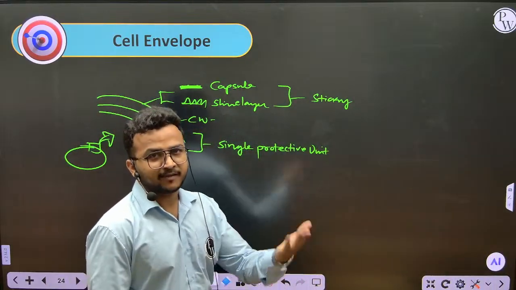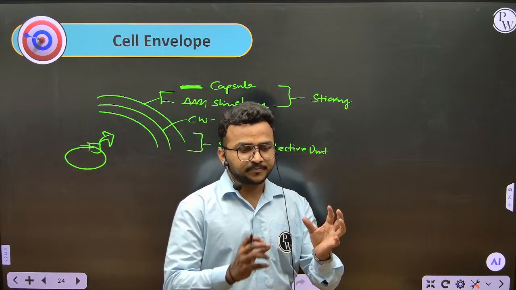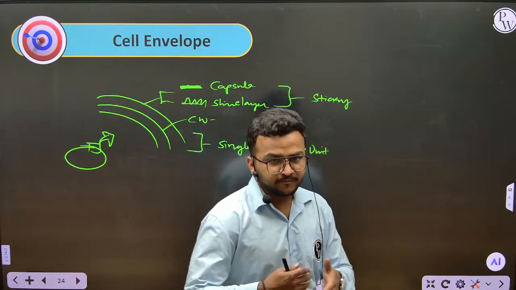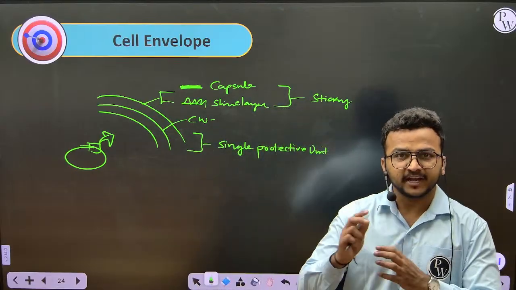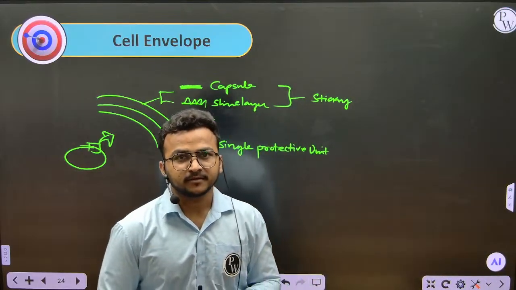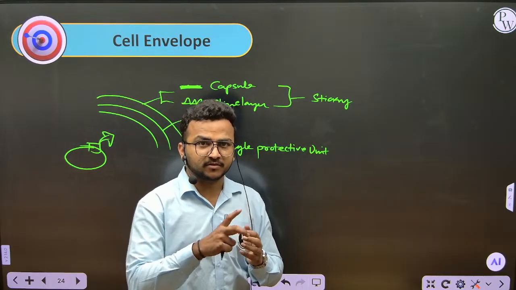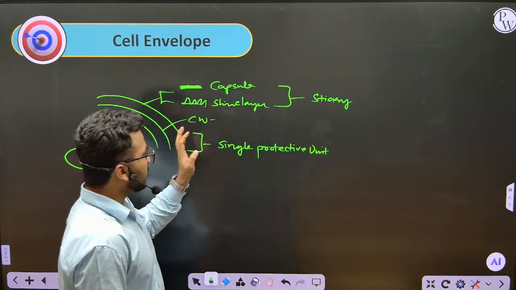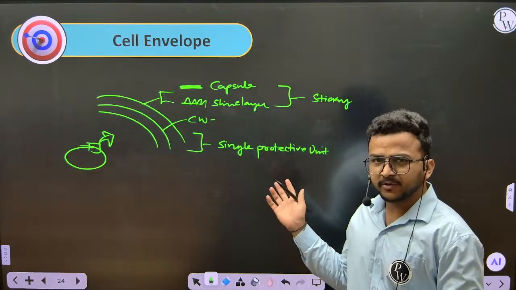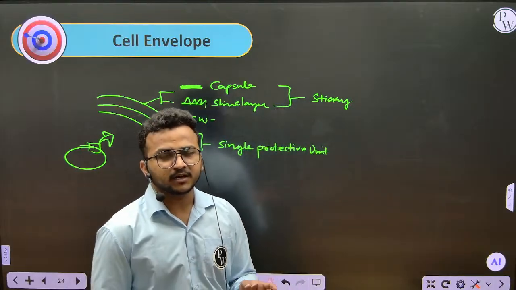If a bacterial cell has entered my body, our body will produce some defense mechanism to fight against that foreign organism, the bacterial pathogen. The bacteria protect themselves with the cell wall, which is a protective unit, and it also prevents bursting or cell collapsing.